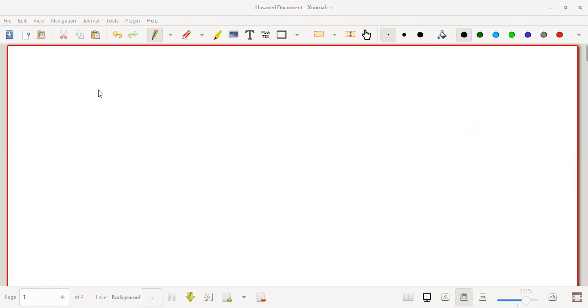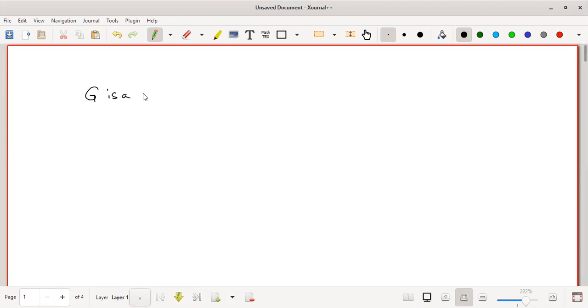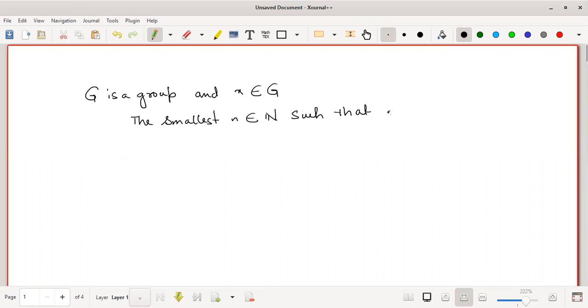If G is a group, and if x is an element in G, then the smallest n in N such that x to the power n is identity is the order of x.